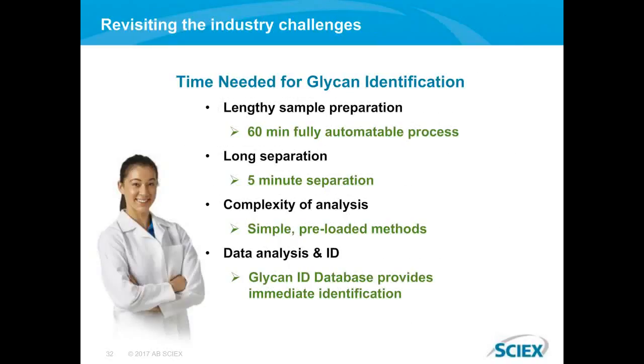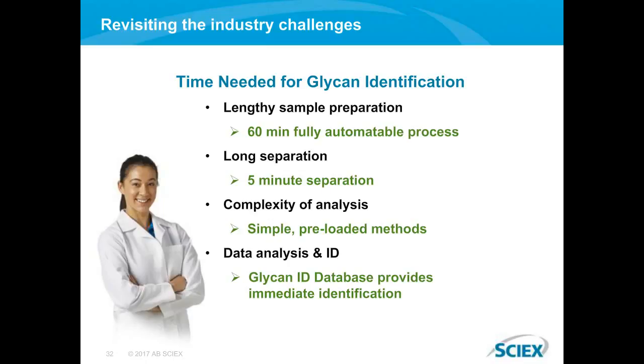So if we revisit the original industry challenges, what can we see here? Unfortunately, today we have lengthy sample preparation. Not anymore. You can replace it very easily with the 60-minute fully automatable process that we introduced. I have long separations? Not anymore.